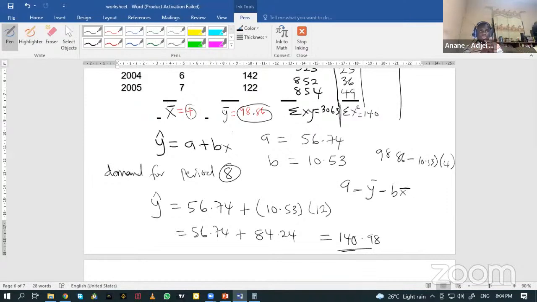I will answer it. Natasha says, sir, you've not answered my question. I've not seen any question. What if the question does not demand any specific period? Then how would they ask you the question? The question must ask you to calculate for a particular period. If they don't ask you to calculate for a particular period, then what are you calculating? So they must give you a period to calculate.